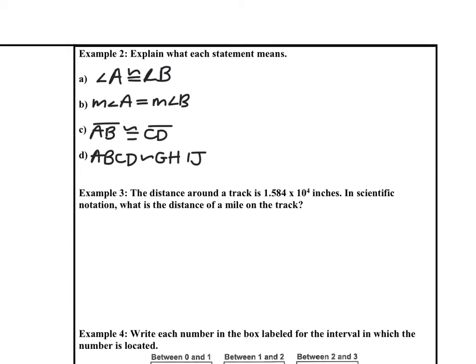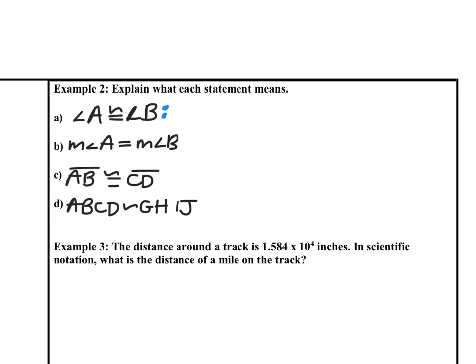Now we're going to talk about what each of these actually say. With the symbols, the first one says that angle A is congruent to angle B. That little thing that looks like an inequality sign is actually an angle sign.